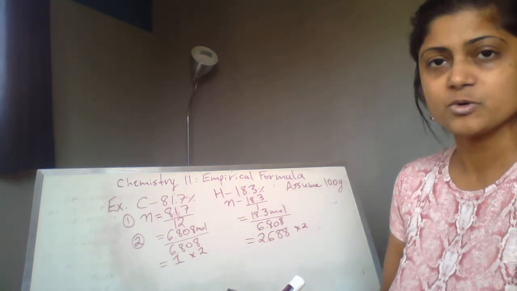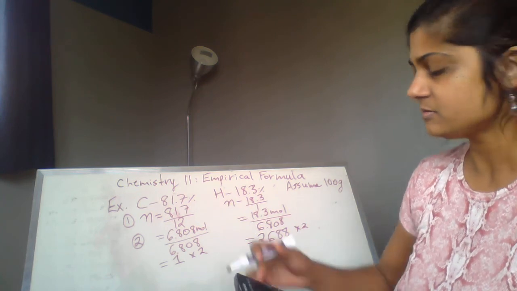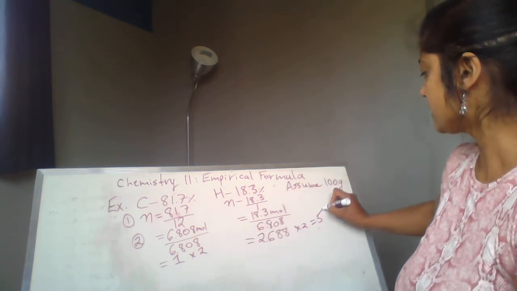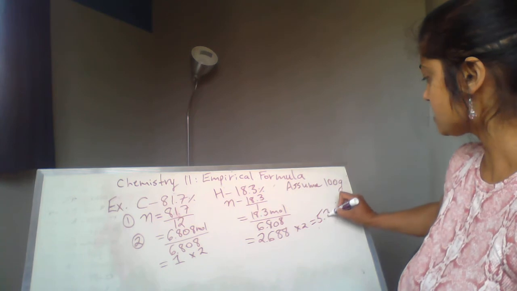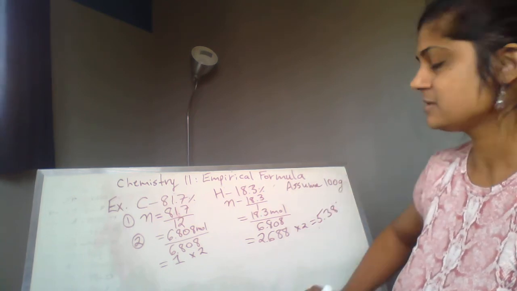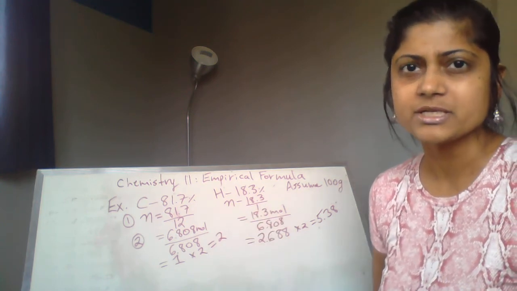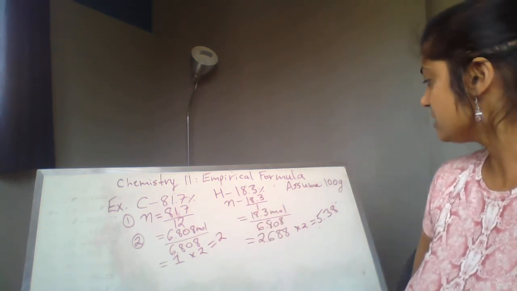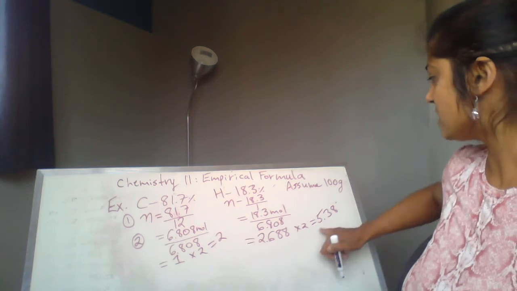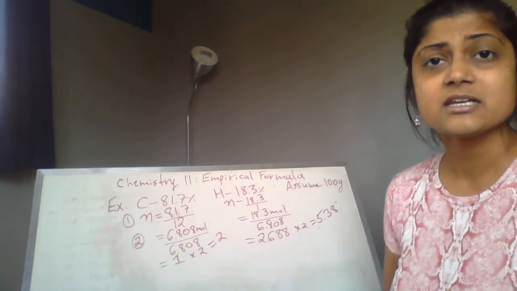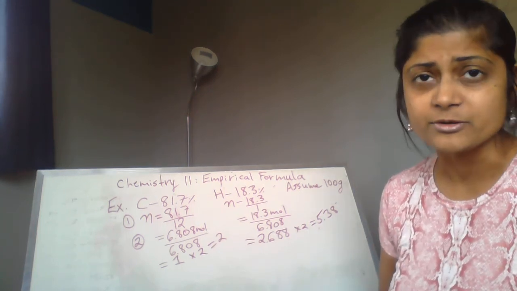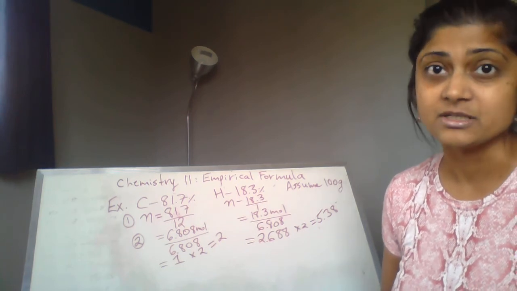So I take 2.688 times 2, and I'm getting, let's just do 2 decimals, 5.38. On this side, I'm getting 2. It doesn't really matter what carbon is here. However, even when I multiply this by 2, I notice 5.38 is not an exact number. I cannot round this to 5 even.